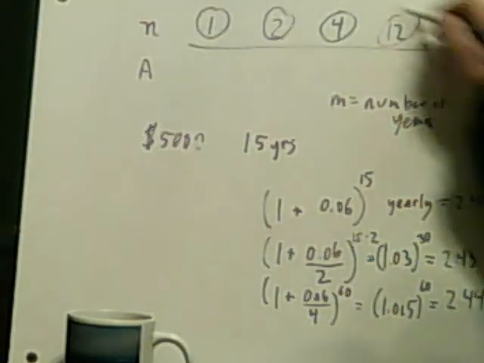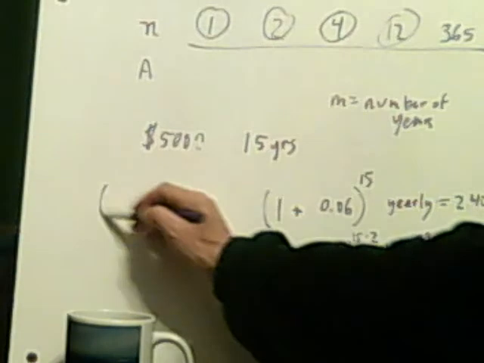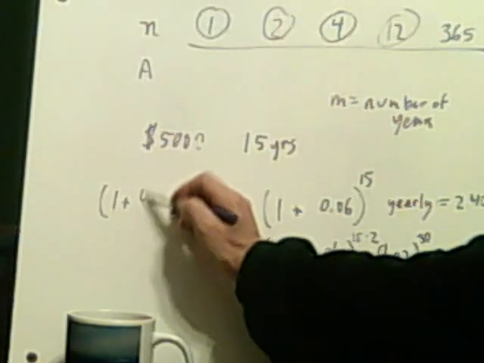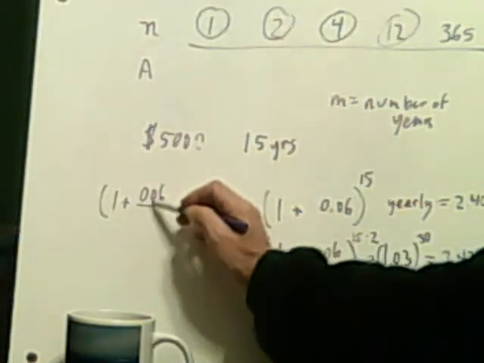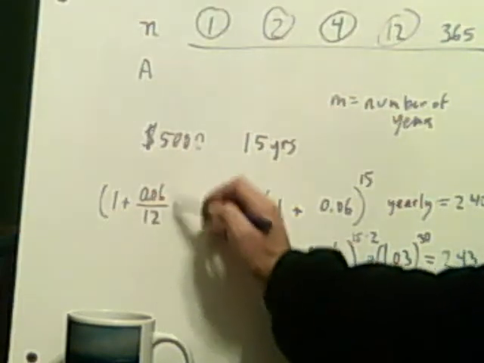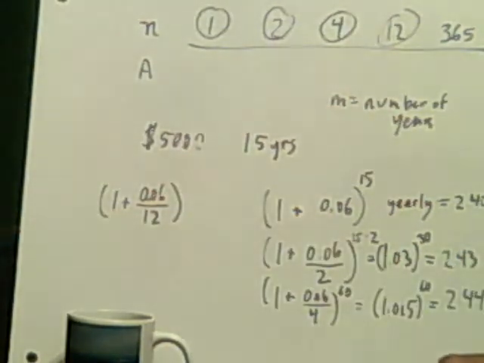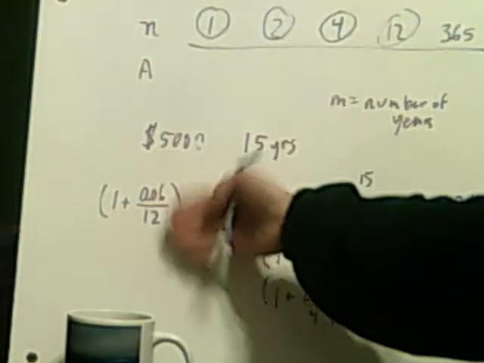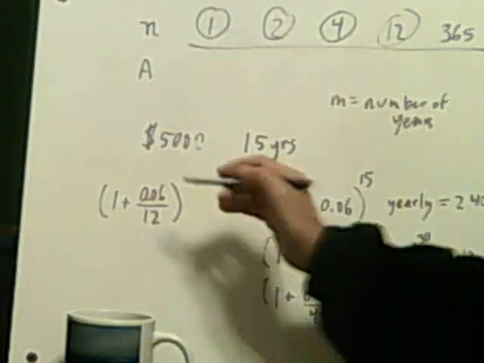Now let me do it 12 times. I'll move over here so I don't run out of space. 1 plus 0.06. This would be compounded monthly. So when it's compounded monthly, you only get 0.5% each month. Your money grows by 0.5%.